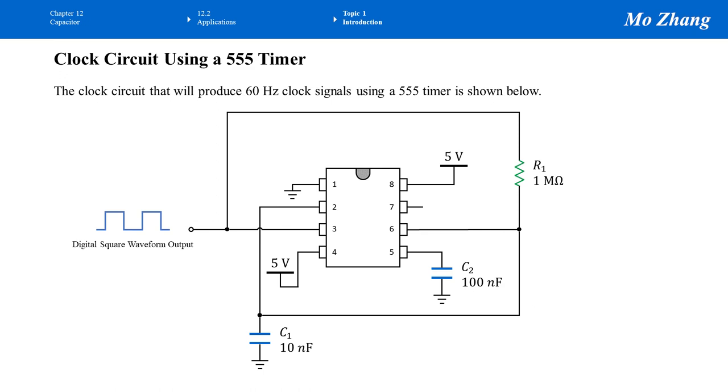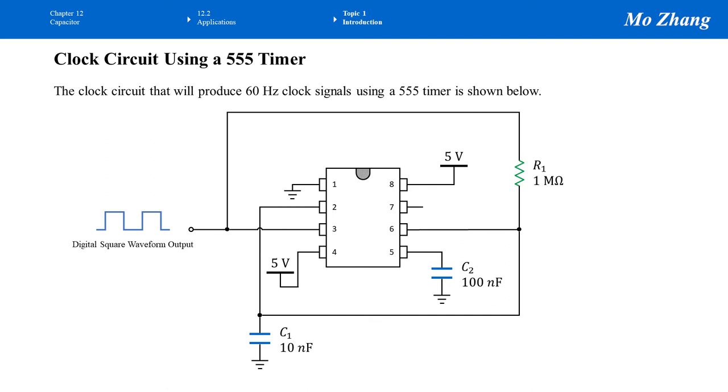This is another application of using capacitors. The device in the center with 4 legs on each side, together 8 legs, is called a timer, such as the popular 555 timer. We use the capacitor with this timer to generate a clock signal, where the clock signal is just the heartbeat of the digital device.